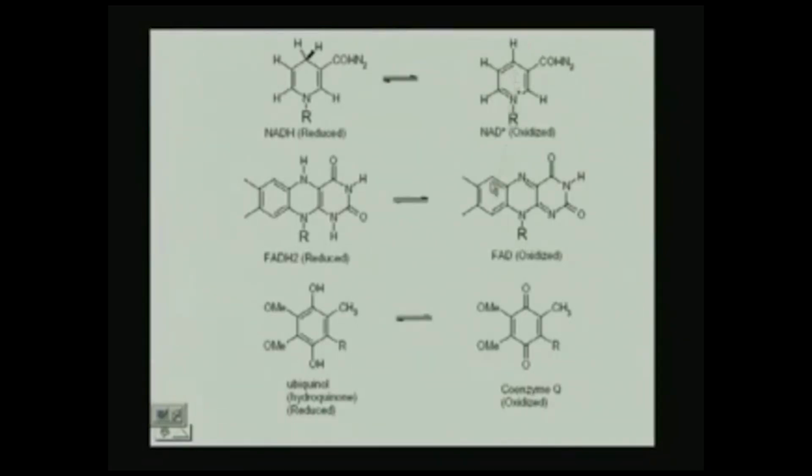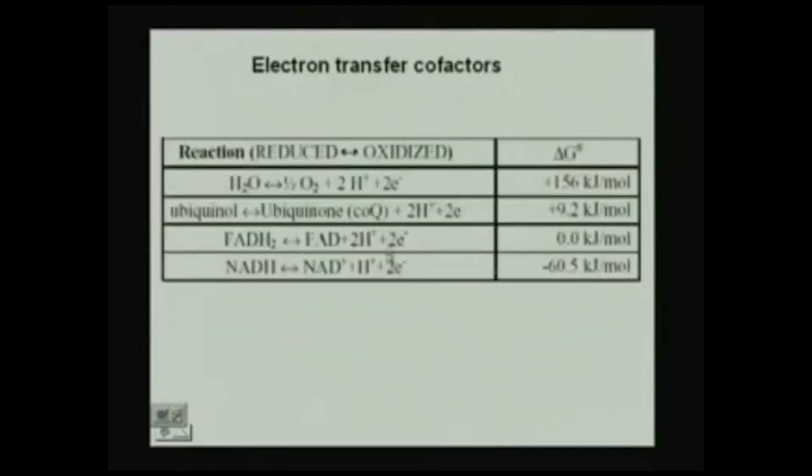You also know now that the use of coenzyme Q is more versatile because it has 2 one-electron steps that can form an intermediate semiquinone. Okay. So, these are the 3 electron transfer cofactors that are going to be utilized in our complexes 1, 3 and 4 of the oxidative phosphorylation steps.